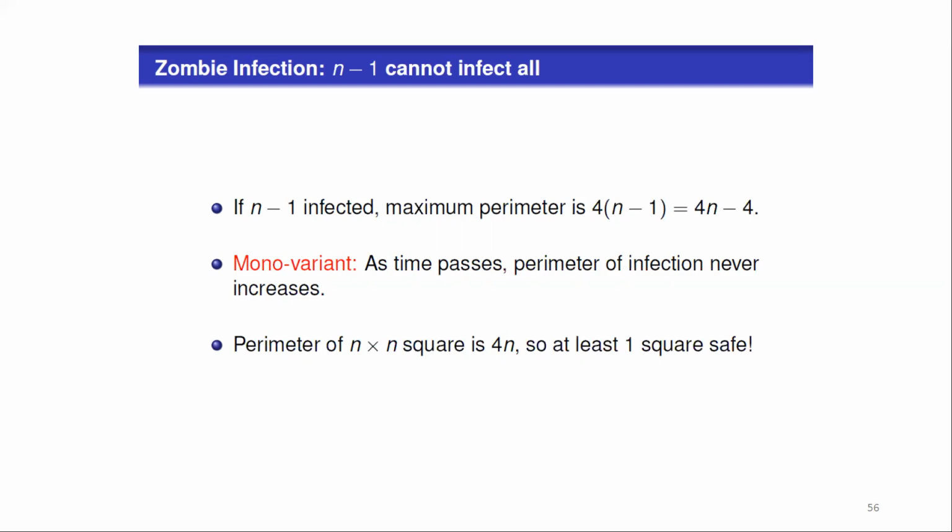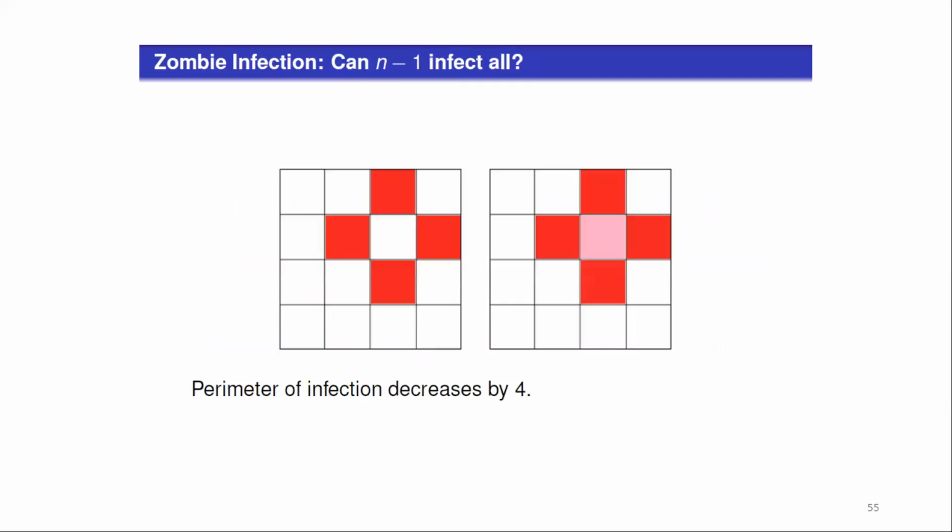Well, it's possible. But think about what would happen. Every other square on the board would have to be infected. How many neighbors does each cell have? How many neighbors does a corner have? So corners have 2 neighbors.